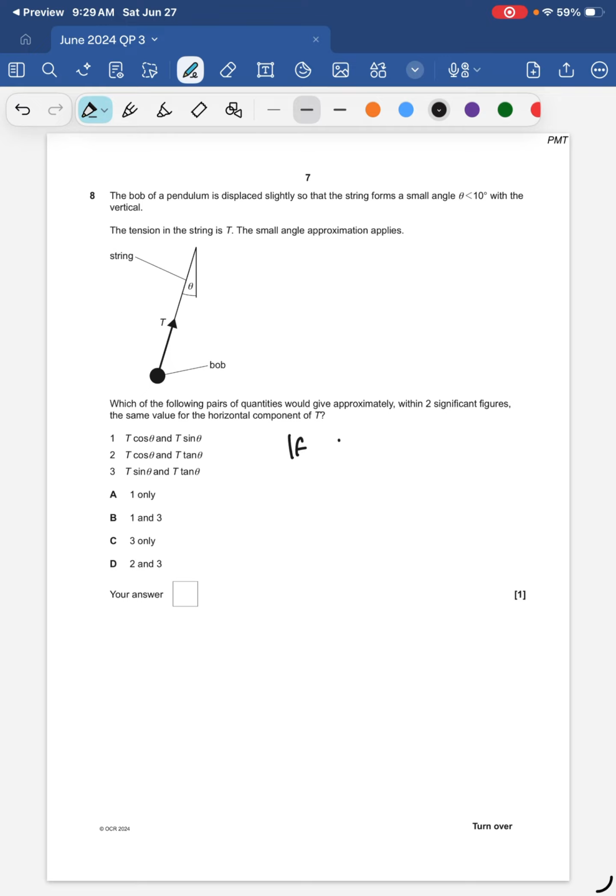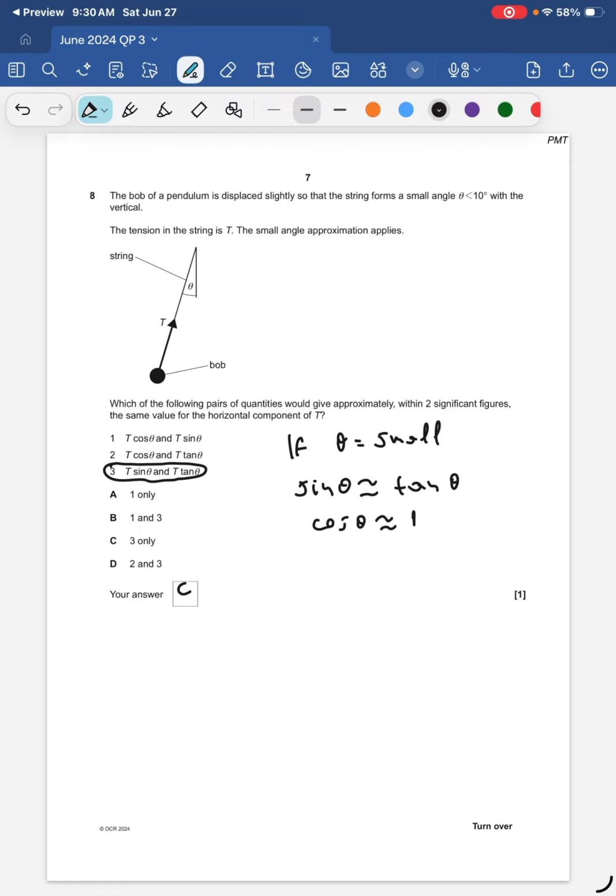First of all, if theta is small, sine theta is approximately equal to the tangent of theta, and cosine of theta is approximately 1, okay? So the only one that works from these combinations is C, because T sine theta and T tangent theta are the same thing if theta is really small.